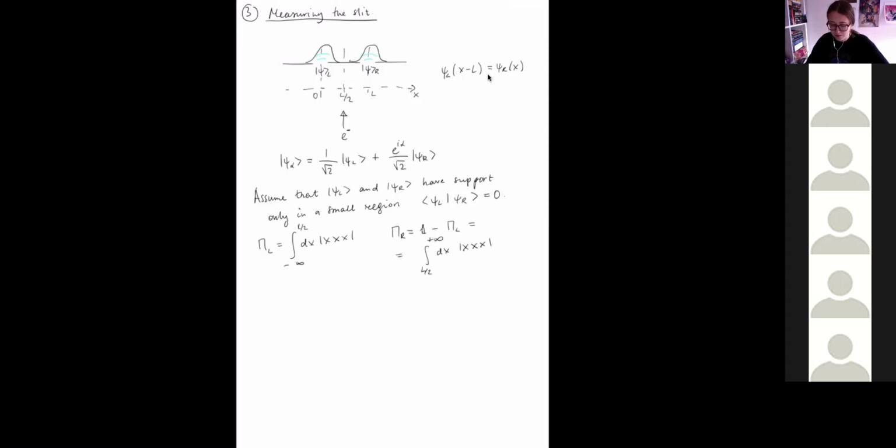So how do we understand these projectors? The first projector is essentially the position projector, but only for the left part, from -infinity to L over 2. And the second, PR, is the projector on the right side, from L over 2 to +infinity.